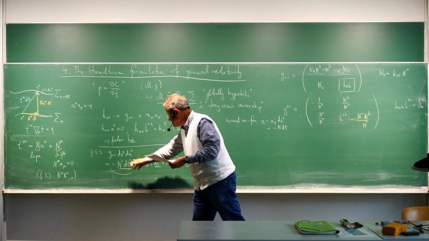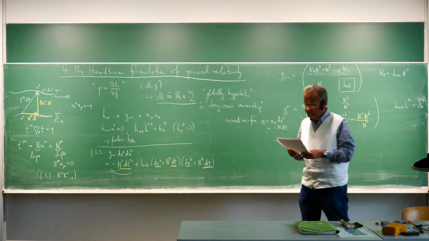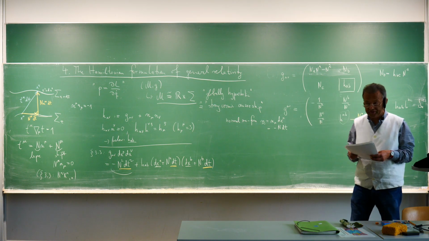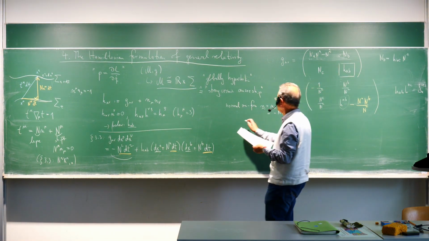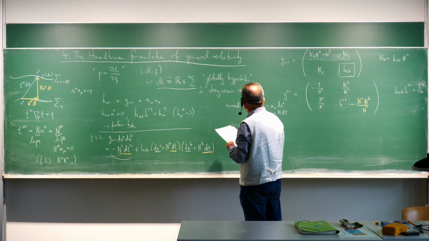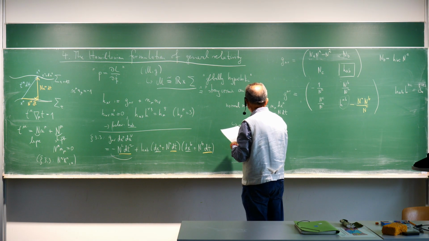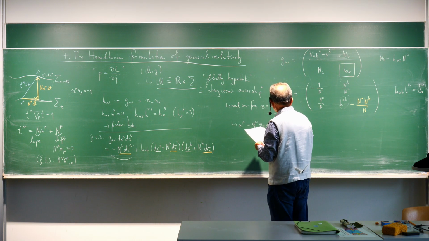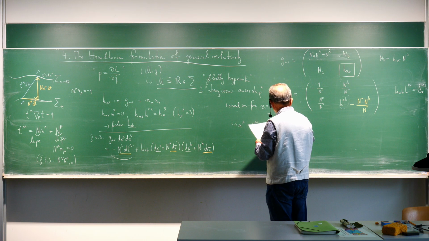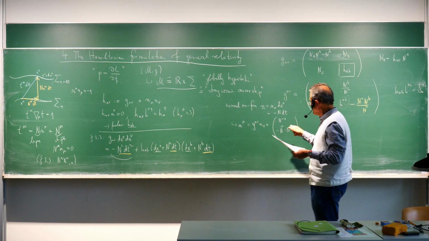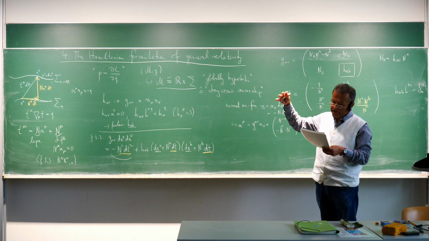I mean the minus because of the signature of the space-time metric, which has a minus in the time part, because then we get for the normal vector n^μ, which is g^μν n_ν, a positive sign: minus N times N to the minus 1. So the N vector means N^1, N^2, and N^3.